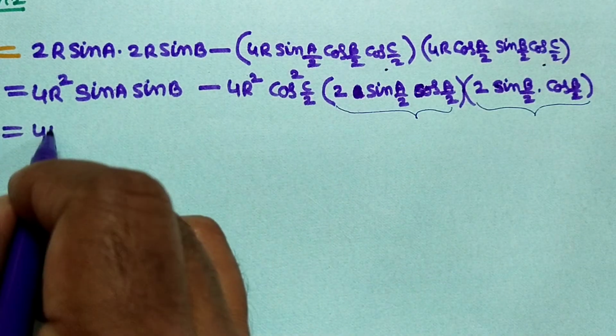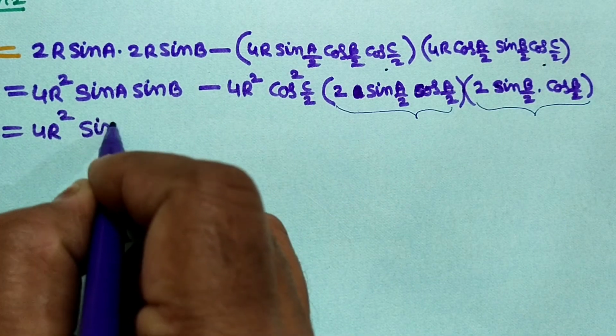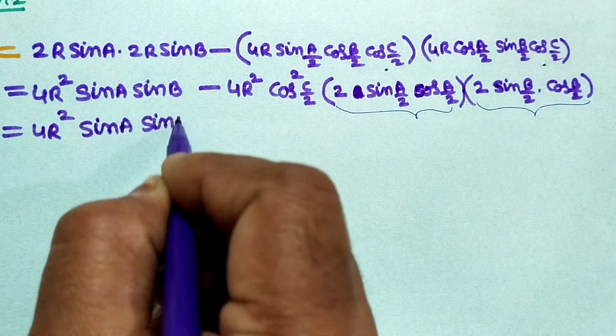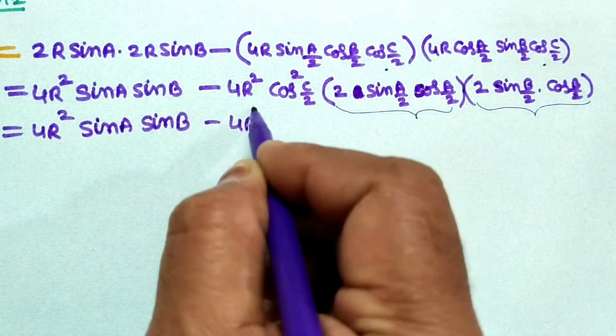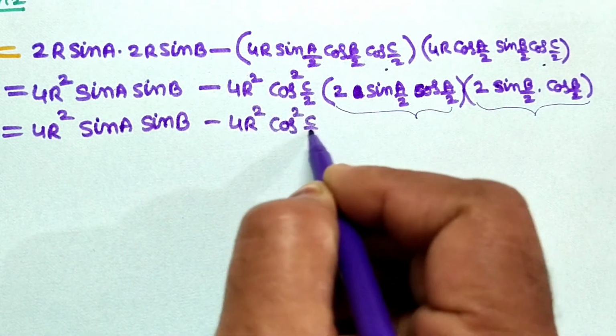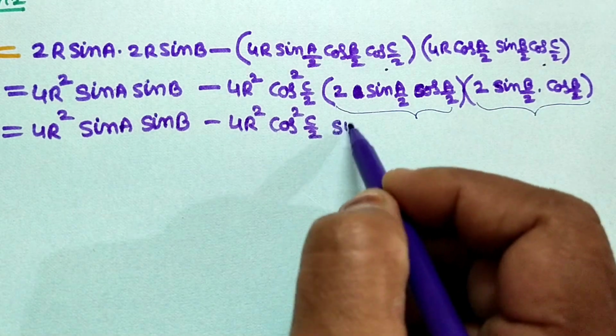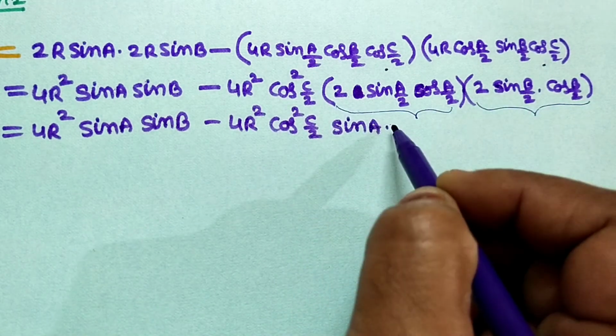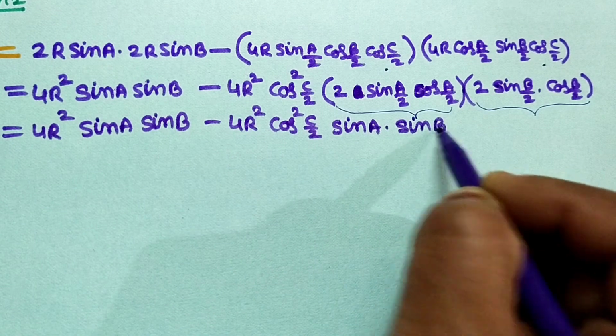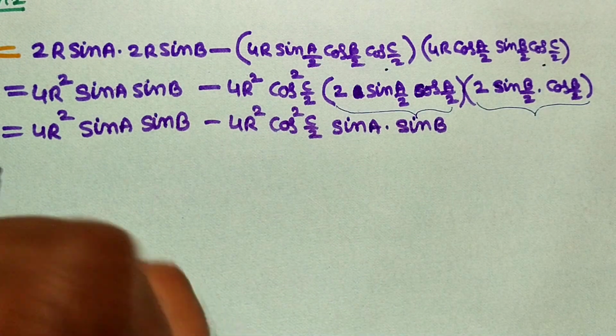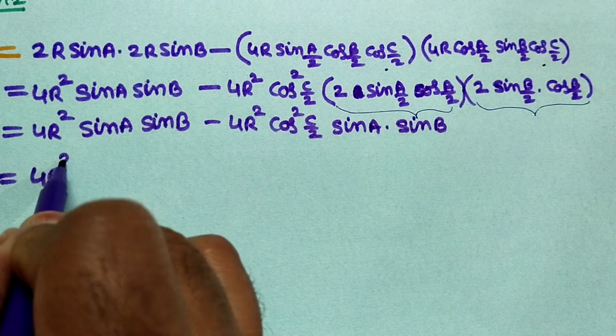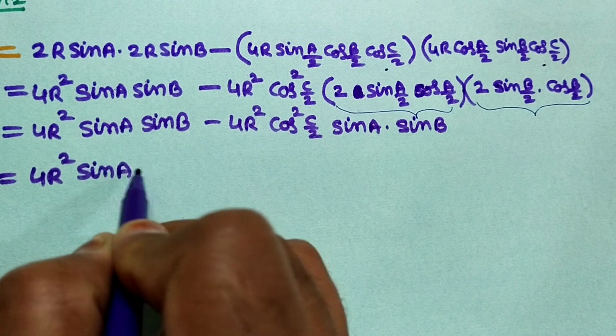So which is equal to 4R square sin A sin B minus 4R square into cos square C by 2. This bracket value is sin A. This bracket value is sin B. So from these two, 4R square sin A sin B take common.